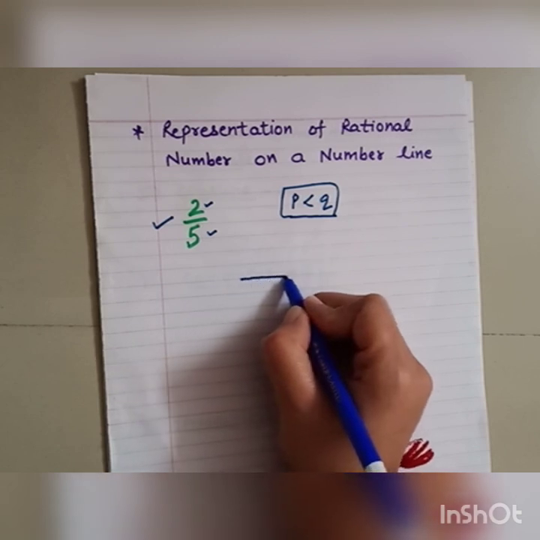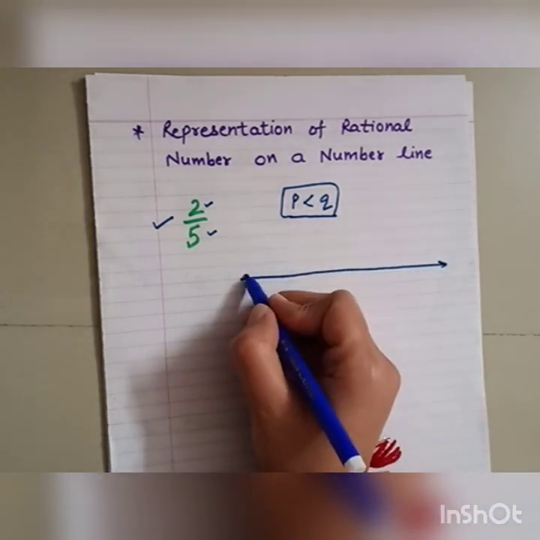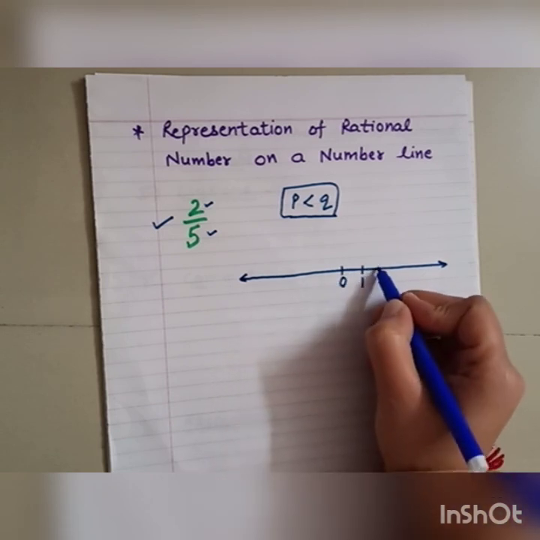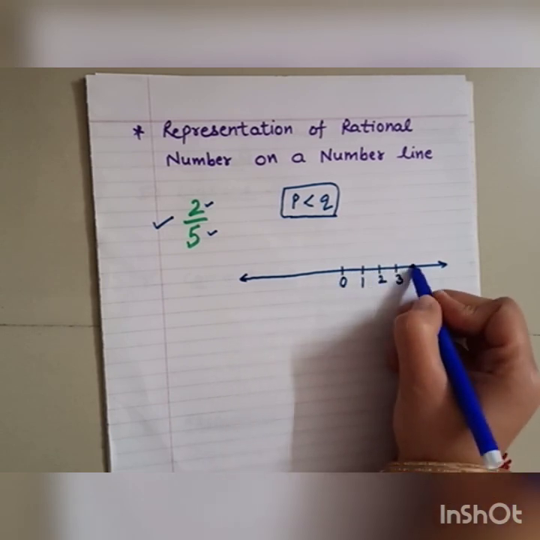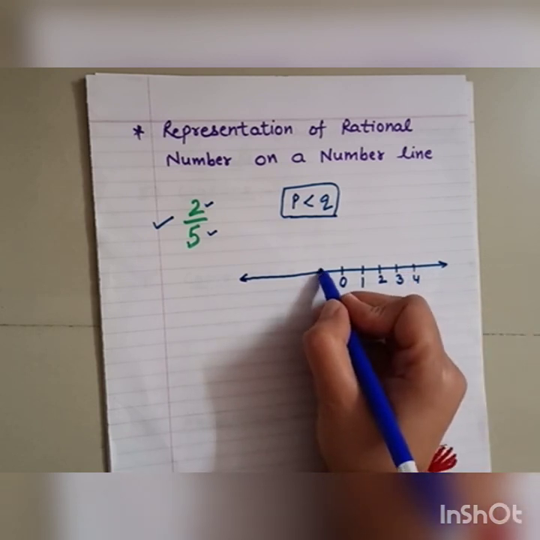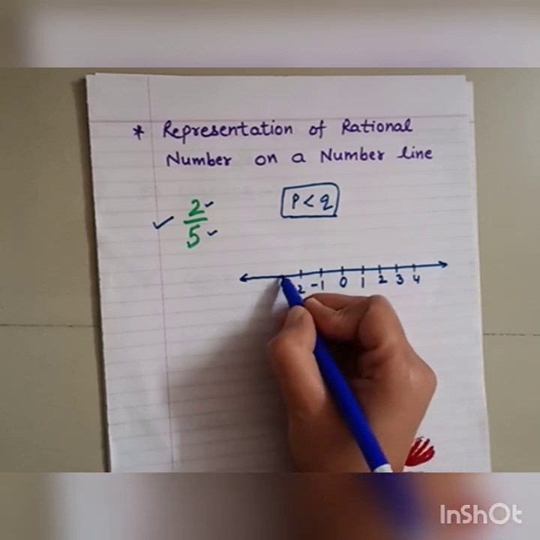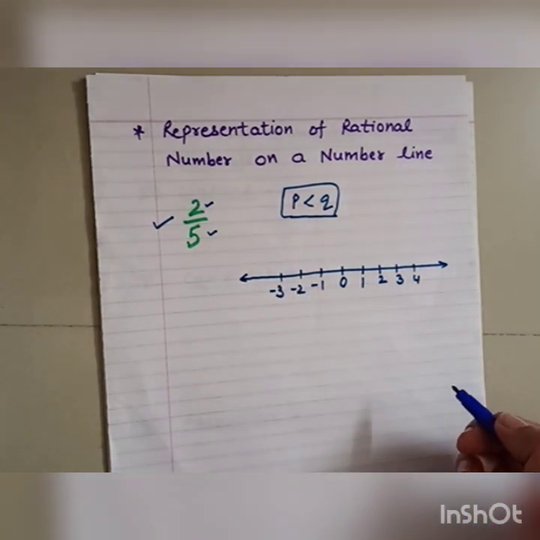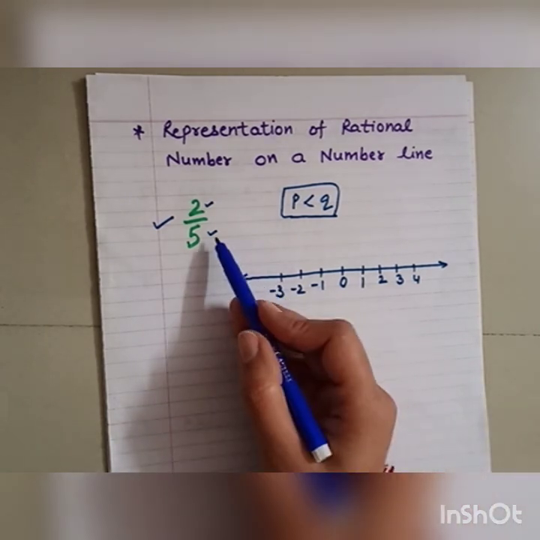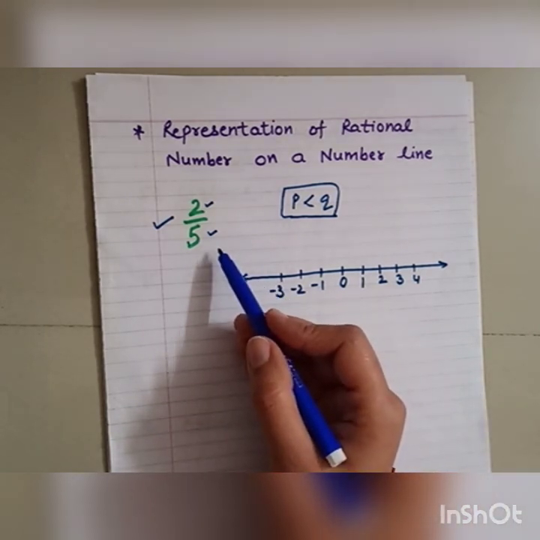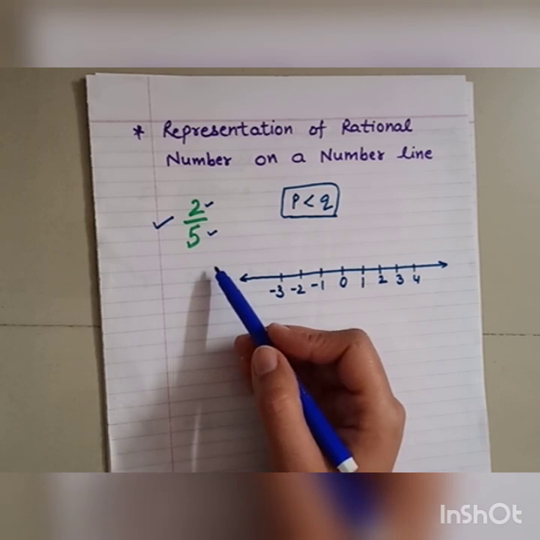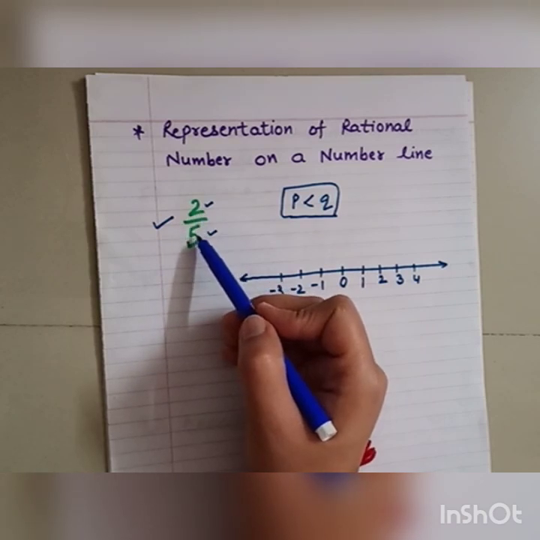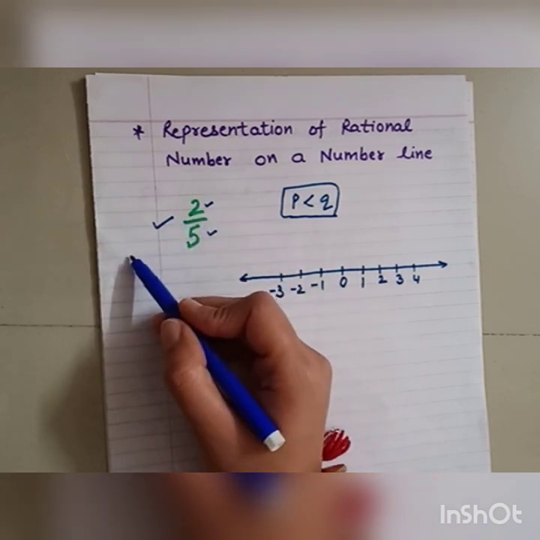First draw a number line like this. In the center we take point 0, the right side of 0 has positive values and the left side has negative values, and the distance between two digits must be equal. Now see, 2 upon 5 means we have to divide the unit length between 0 and 1, because when you divide 2 by 5, you get 0 point something.